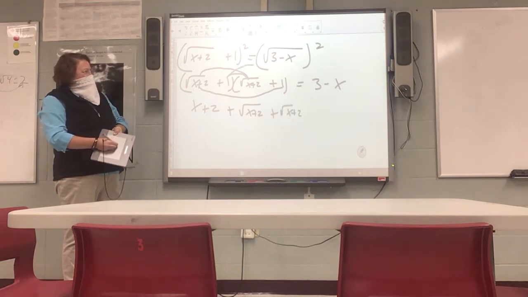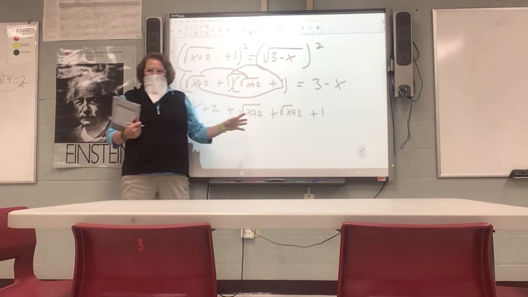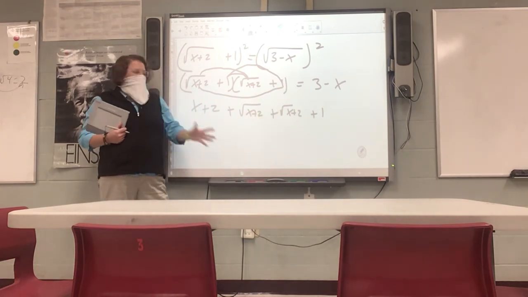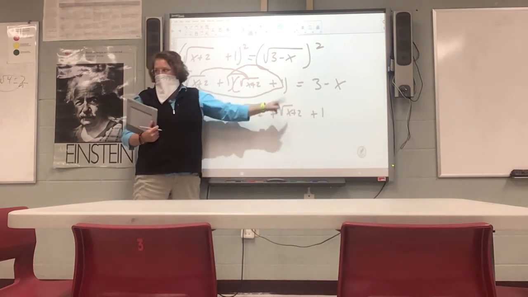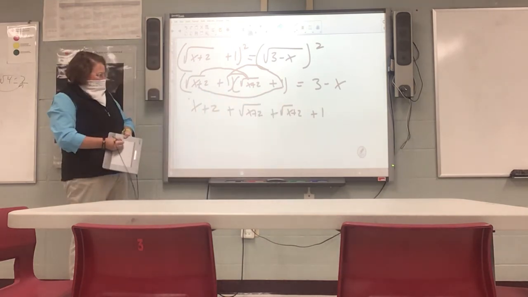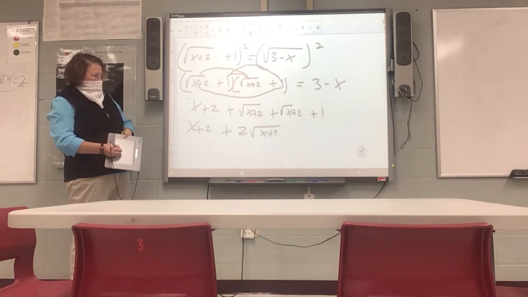And then here, 1 times 1 gives me a 1. Now this is ugly, but think of that like we did with our guitars that day. These are the same. So guitar and guitar, one of them and one of them. So we're going to write x plus 2.